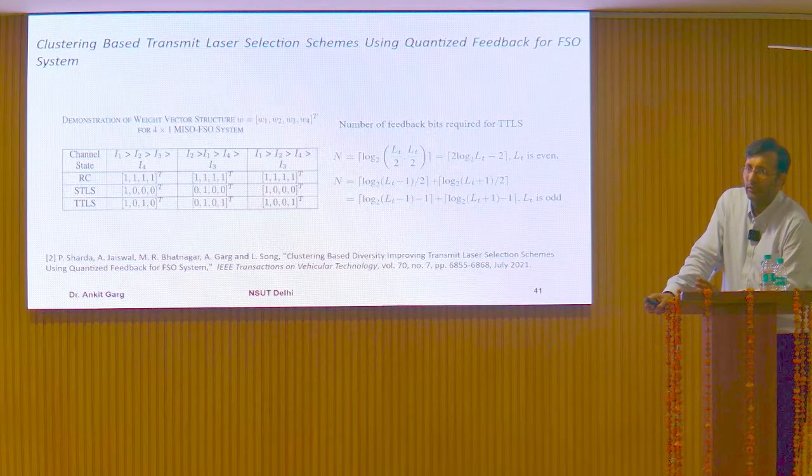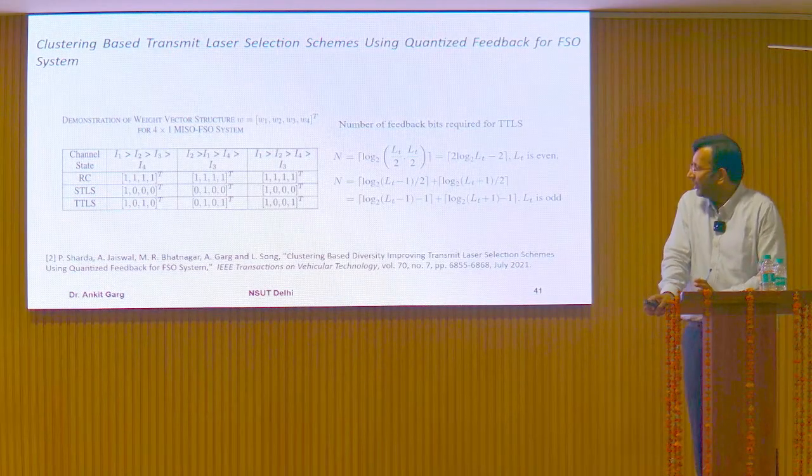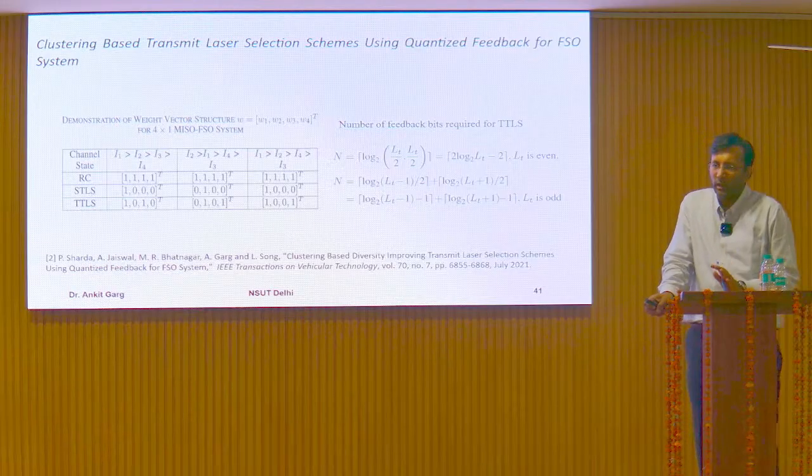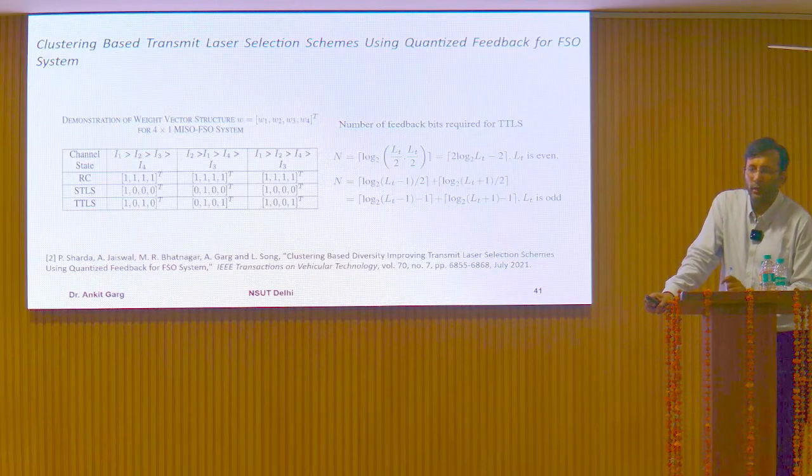However, since we divide it into two clusters, I1 would be the best from cluster 1 and I3 would be the best for cluster 2. For repetition coding, irrespective of which intensity gain is higher, we provide equal power to all the lasers.